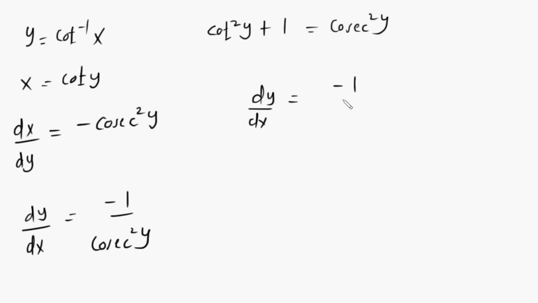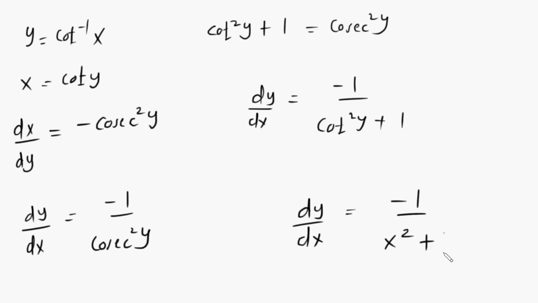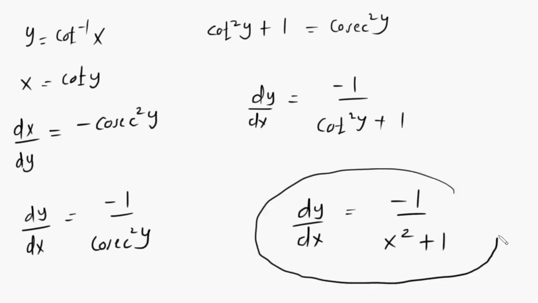So it's just equal to negative 1 over cot squared y plus 1. But cot y is equal to x, so cot squared y is just x squared. So dy dx is equal to negative 1 over x squared plus 1, or 1 plus x squared, all fine. So this one is dy dx when y equals cot inverse of x.